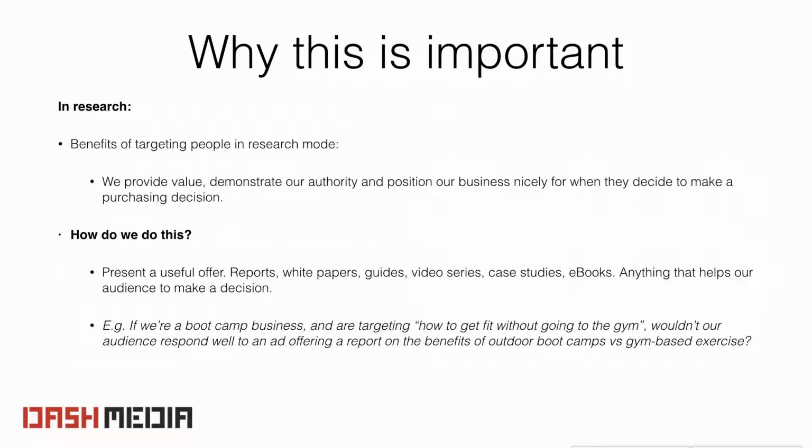Well, in research mode, we have a fantastic opportunity to provide value and demonstrate our authority in our industry. We are then able to position our business really well so that when that person actually transitions from research mode into the buying phase of the cycle, we're already in a position where we've provided value to that potential customer, so we're more likely to be their choice to actually make a purchase from.